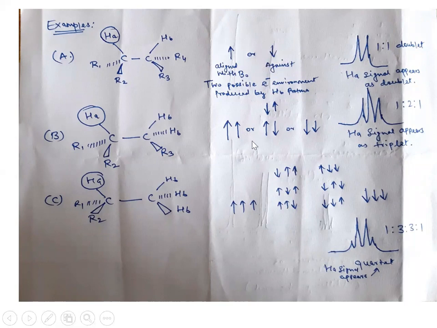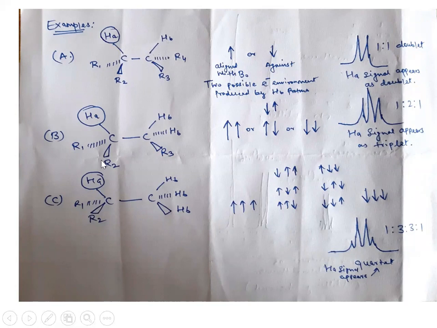Is it clear? In this case, we get this type of split signal with 1:1 intensity, and the HA signal appears as a doublet in the NMR spectrum. HA signal will be a doublet because this proton interacts with HB protons. And this interaction occurs through the bonds, this bond and this bond.